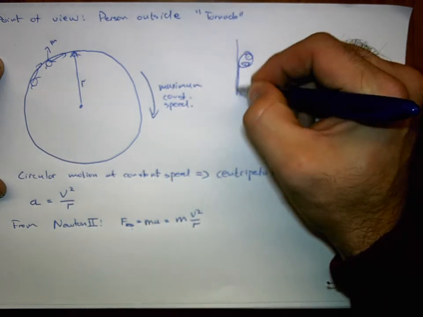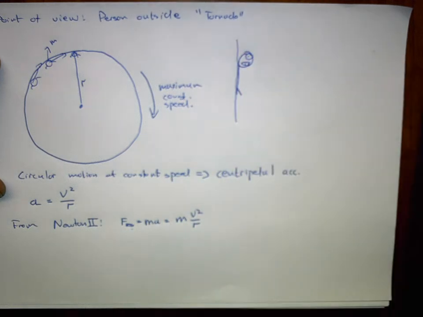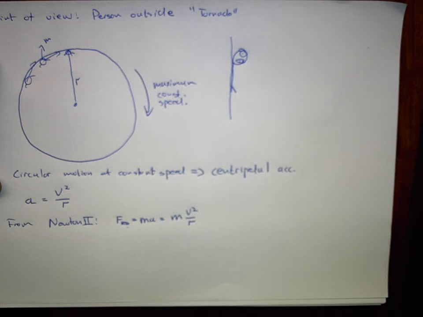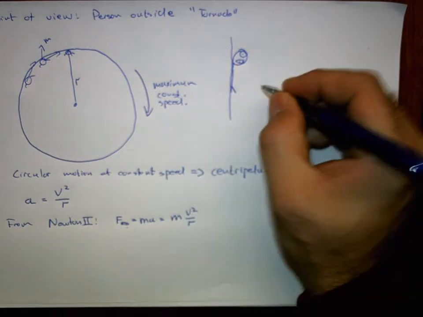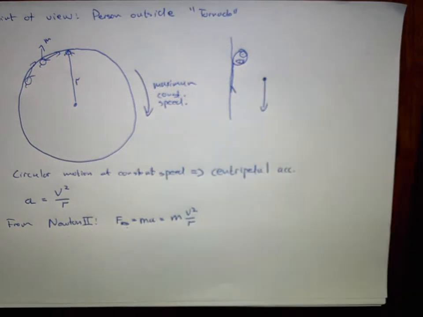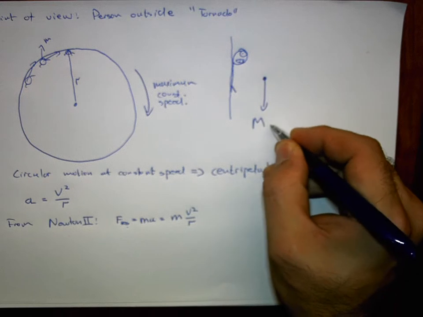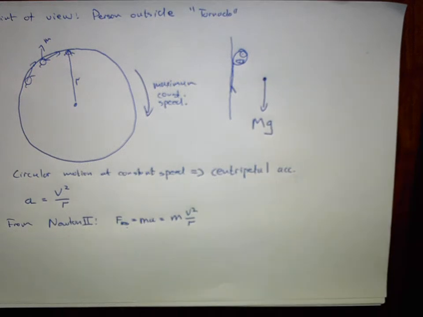So there's the wall of the barrel. We know this person must have a weight downwards, so we must have mg downwards.